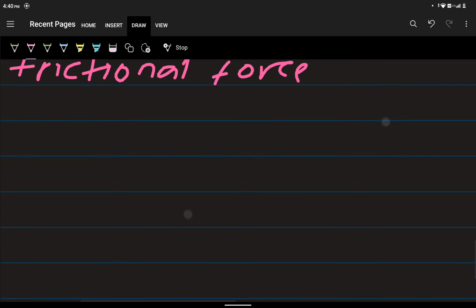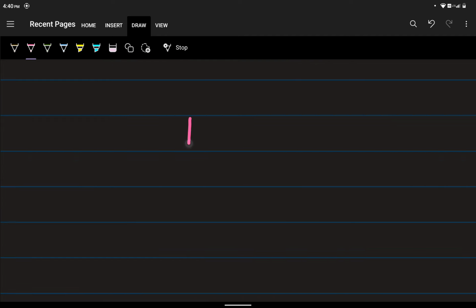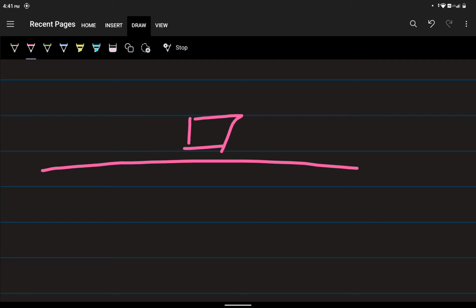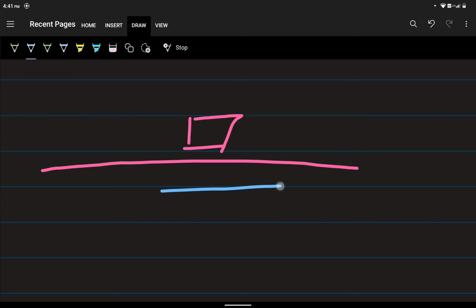Okay, I'm not going to write out the definition, it is on your exam guideline and I'm reading it exactly as it is. So consider this object over here. We have a surface, right? And this force is supposed to act parallel to the surface, either in this direction or in that direction.